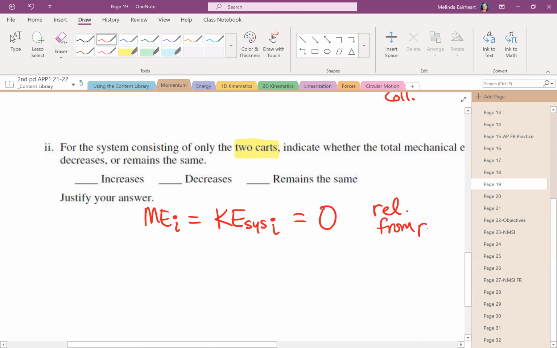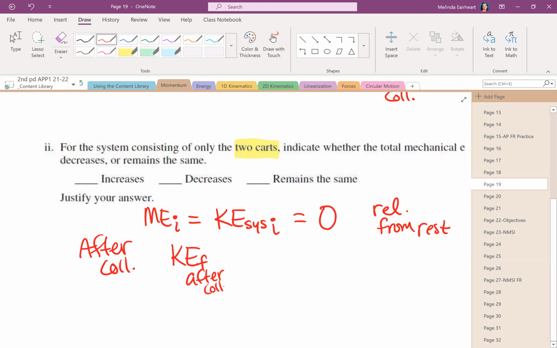So initially, do we have any mechanical energy? No. And then we don't even need to consider the intermediate. At the very end, after the collision, do the carts have kinetic energy? Yes. So they have some kinetic energy after the collision. And yes, there's been heat loss, internal energy losses with the type of collision, but it's more than zero, right?